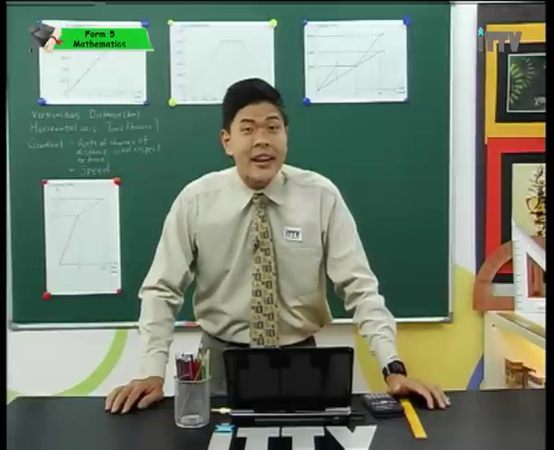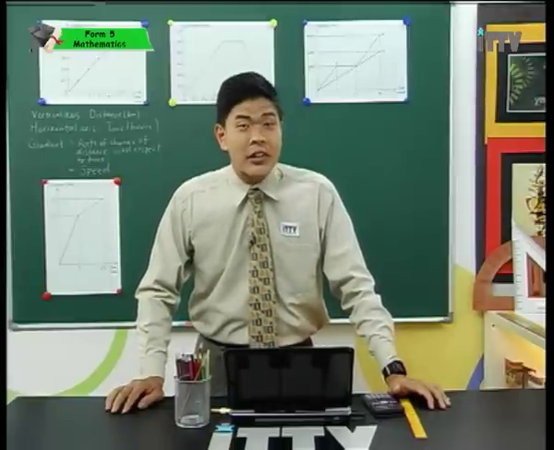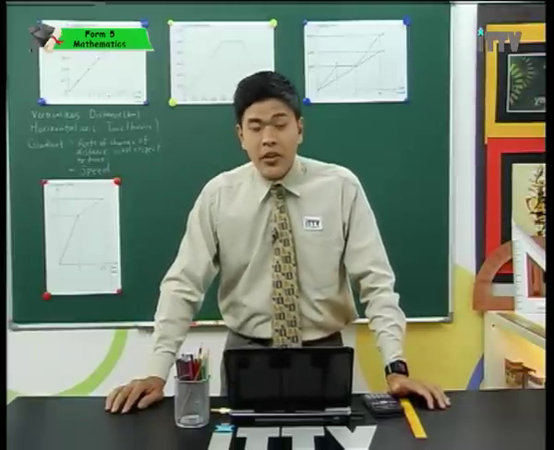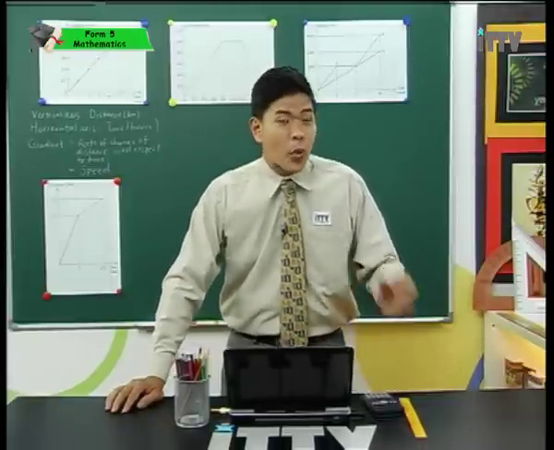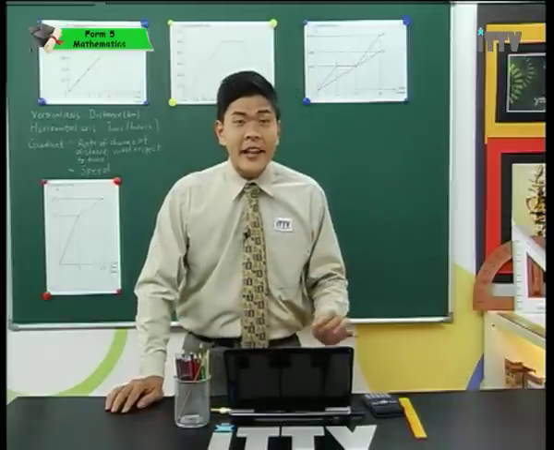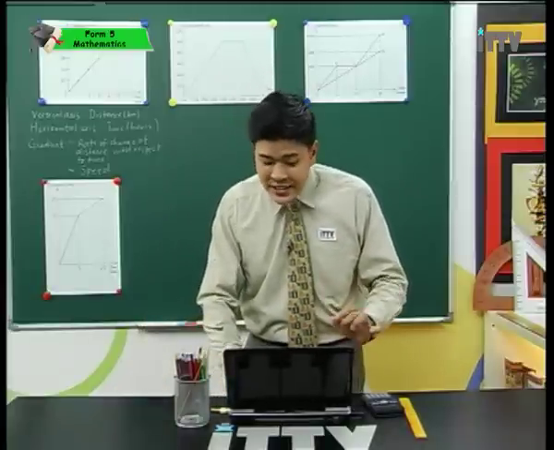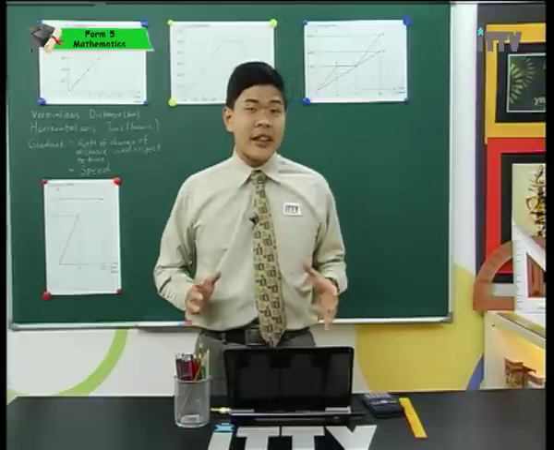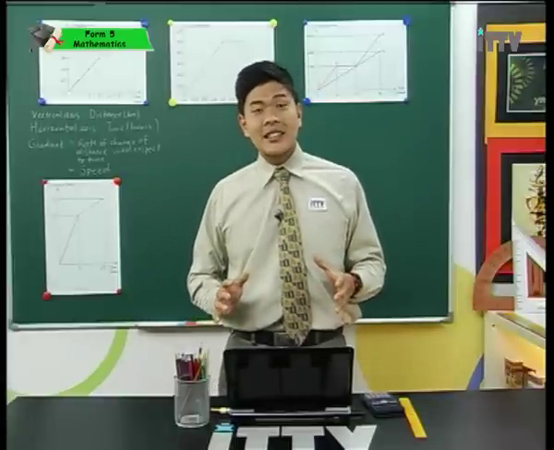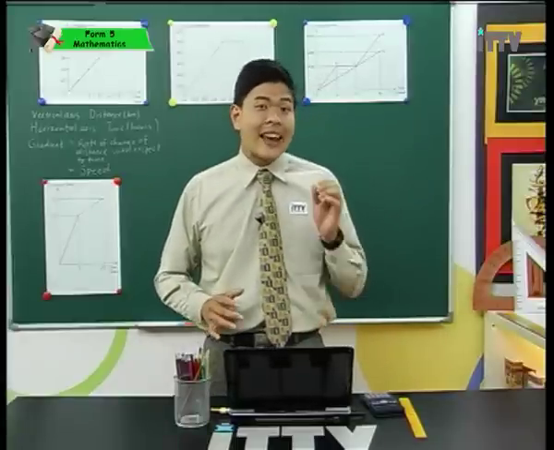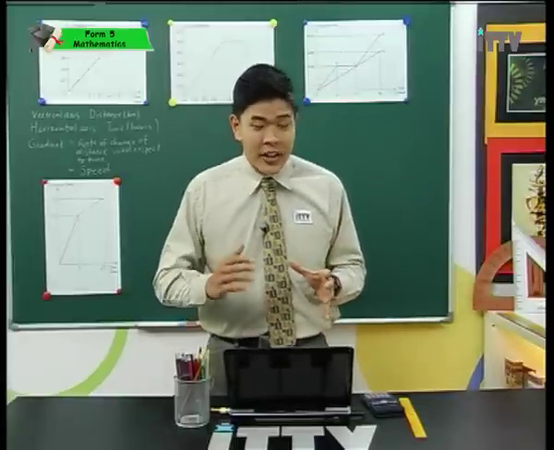And the gradient represents speed. Remember that, because the rate of change of distance with respect to time is speed. So one thing to remember is the gradient of a distance-time graph is speed. That is the first method, using the vertical distance over the horizontal distance, which is the ratio of the two distances.